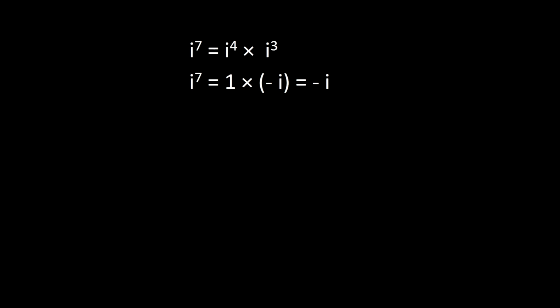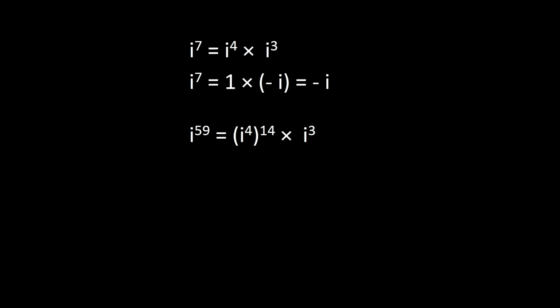So let's try a bigger power. i raised to power 59. i raised to power 59 is equal to i raised to power 4 times 14 times i raised to power 3. I believe you understand why I broke it like that.